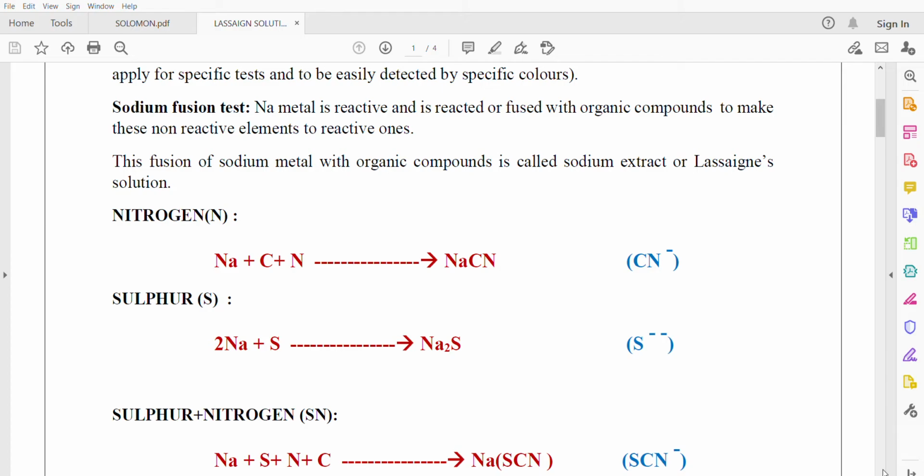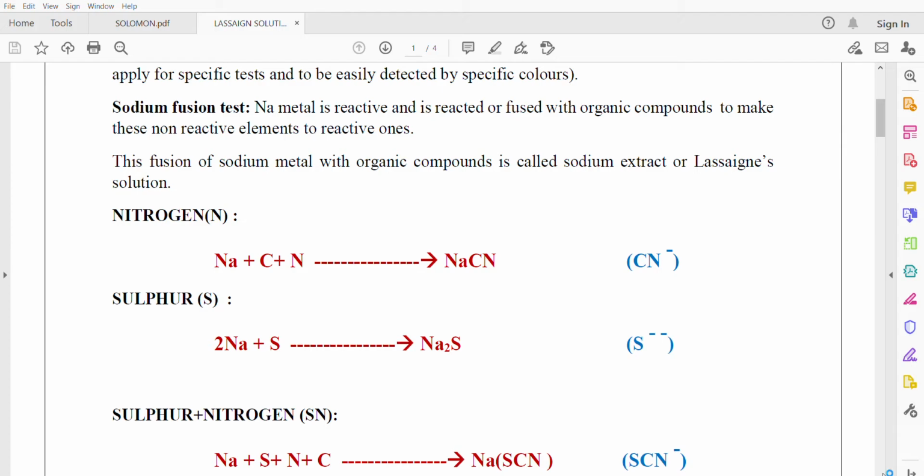So how do you prepare sodium fusion? How is sodium fused with an organic compound to make it go from less reactive to reactive?